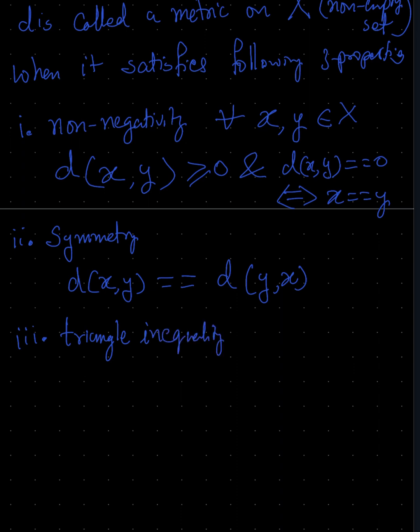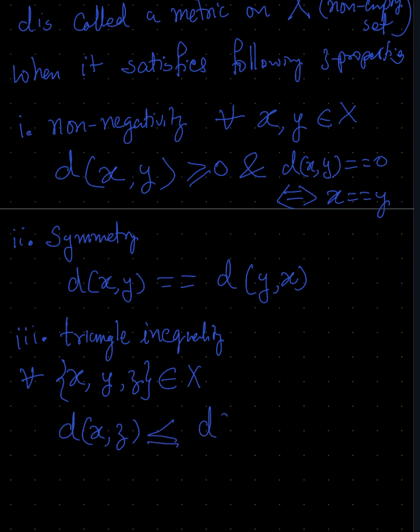If you pick any three points x, y, z, for all triplets of three elements in the set, the distance between x and z has to be less than or equal to the sum of the metric values between x, y and y, z. This is what we call the triangle inequality.